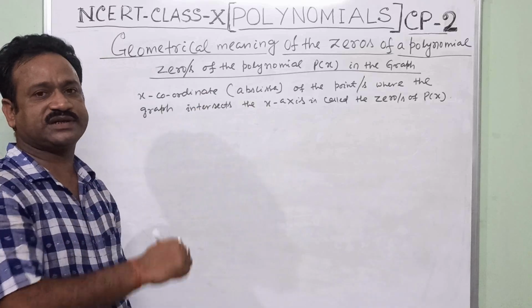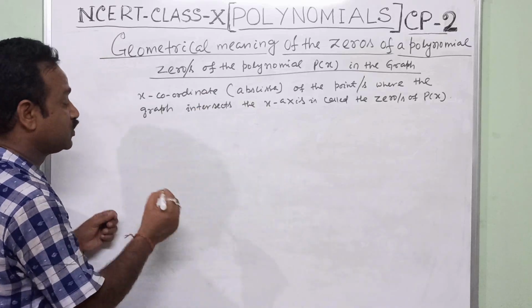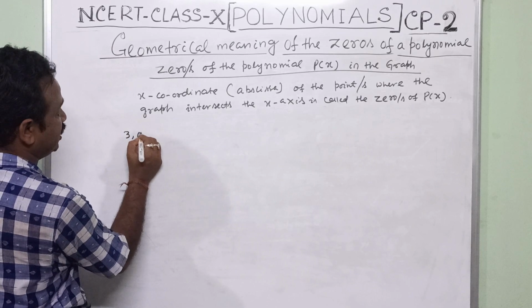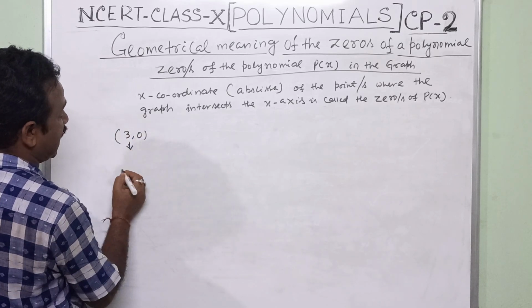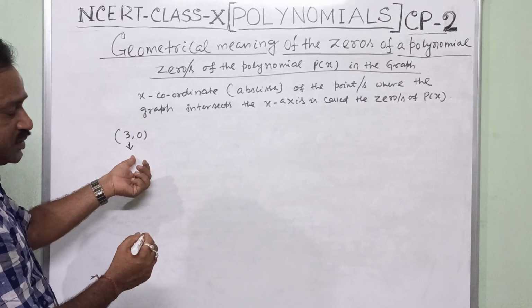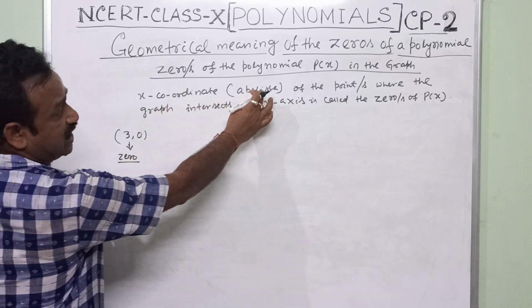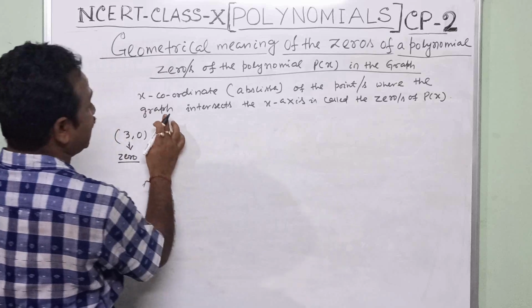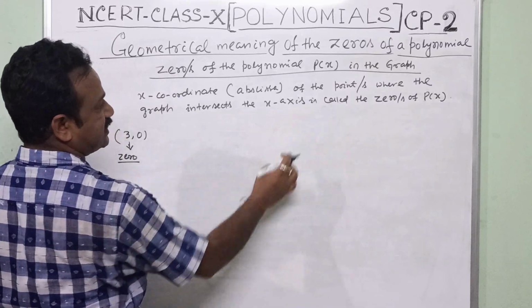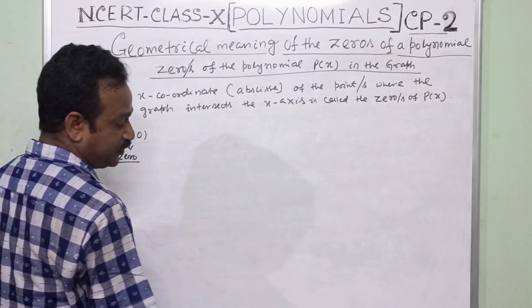From the previous example we got (3, 0). So this is the x coordinate, this is the zero we got. So the x coordinate or abscissa of the point where the graph intersects the x-axis is called the zero of p(x).